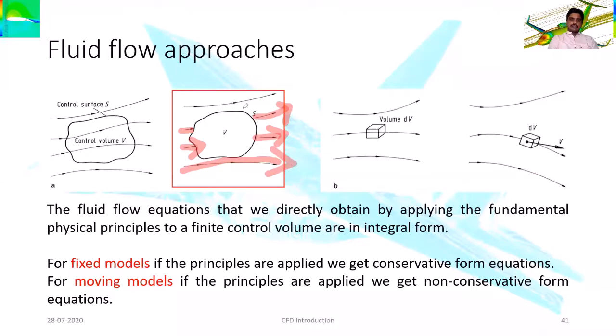If my volume is fixed, only the particles are entering and leaving the fluid flow. If my control volume also moves, it is a moving volume and moving fluid approach. That is the difference between these two.